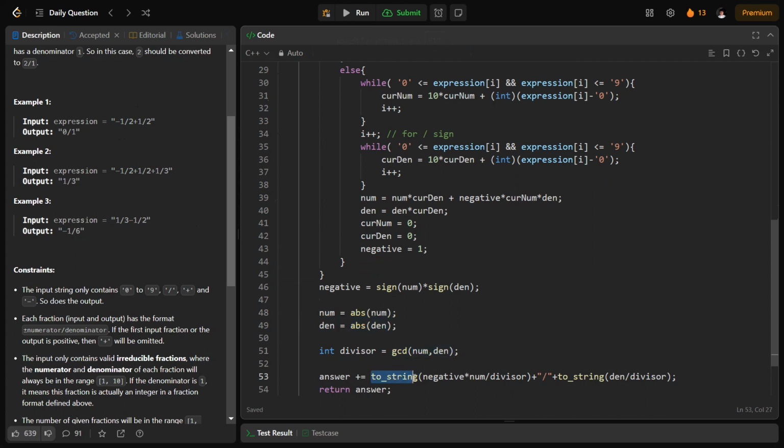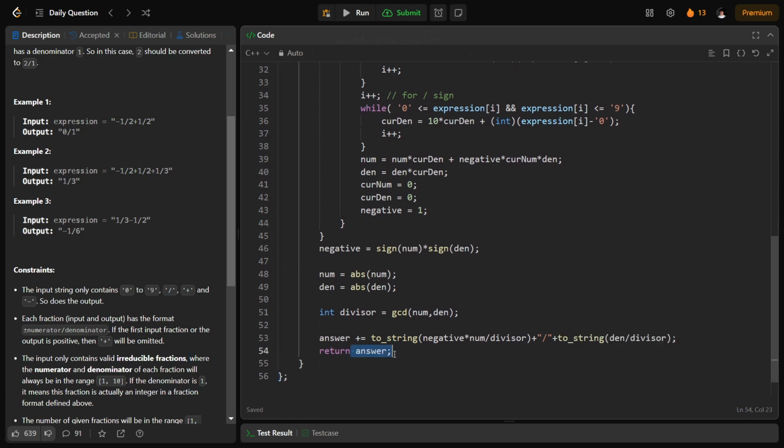And what I do is I take this negative variable, which I found as the sign of the final expression, times num, and divide this num by the divisor to get the irreducible fraction, to basically make these two, numerator and denominator, co-primes. Now you convert that to a string, you append this with the slash, and you convert the denominator again to the irreducible fraction form, basically by dividing by the GCD. And you just return this as an answer.